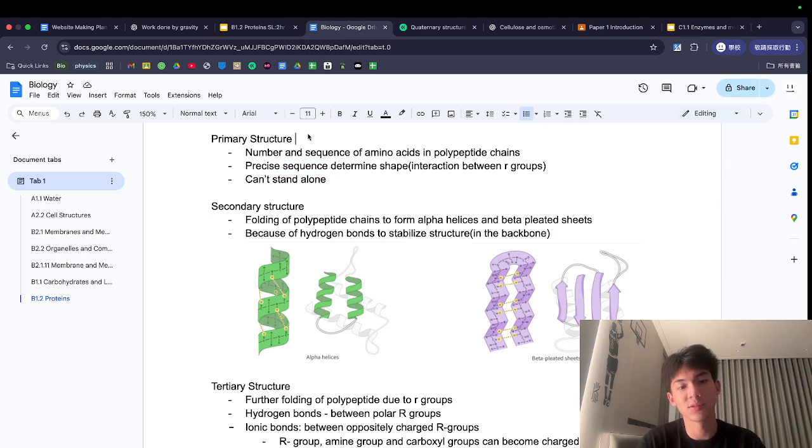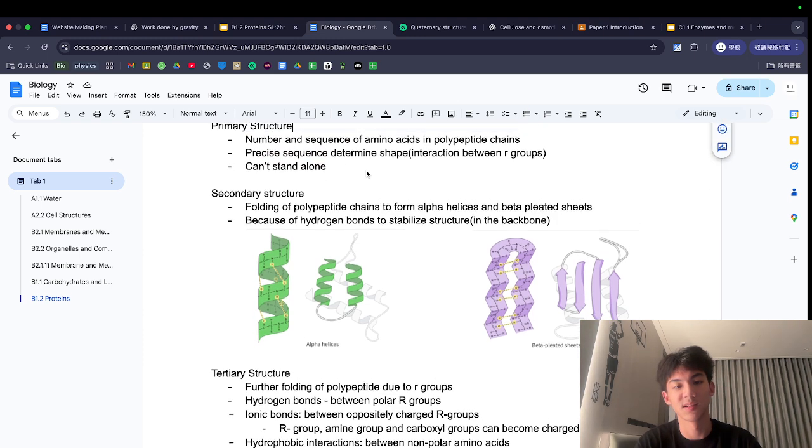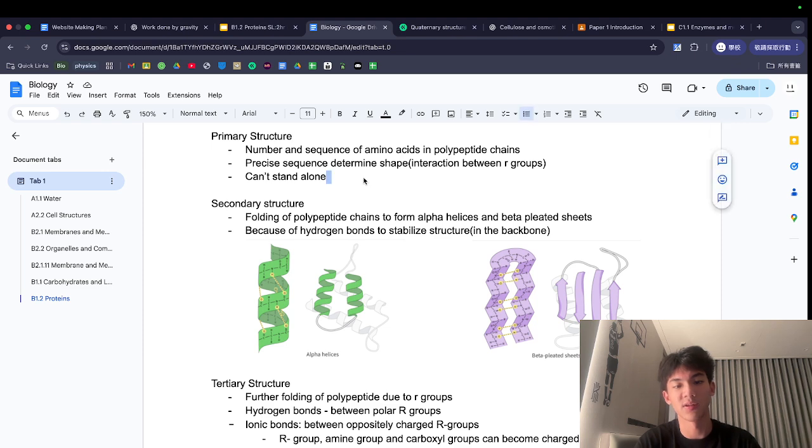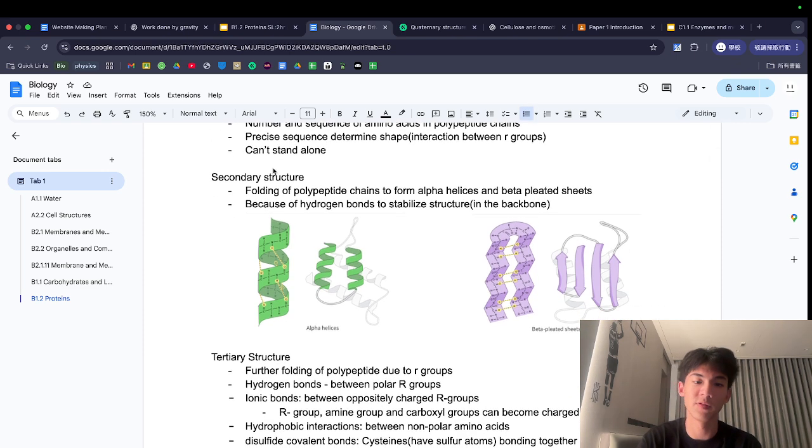The primary structure cannot stand alone because there will be other interactions, so further foldings like secondary structure. The polypeptide chains will form either alpha helixes or beta pleated sheets. These are two common types, and this is because of hydrogen bonding to stabilize the structure in the backbone.